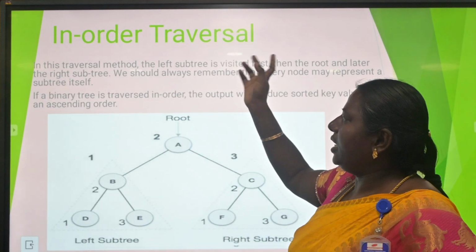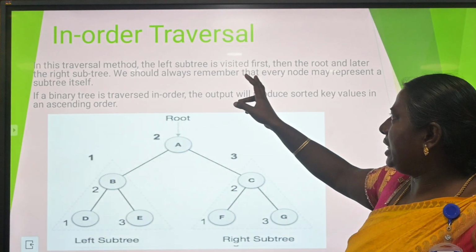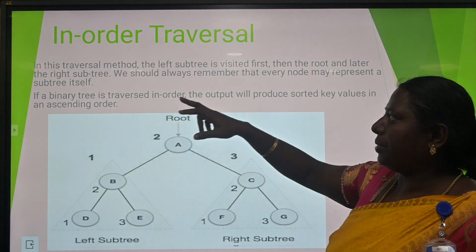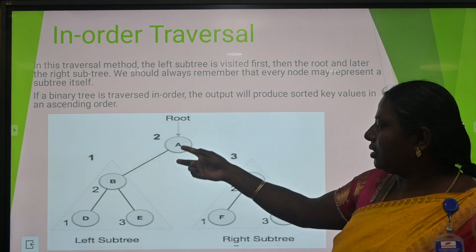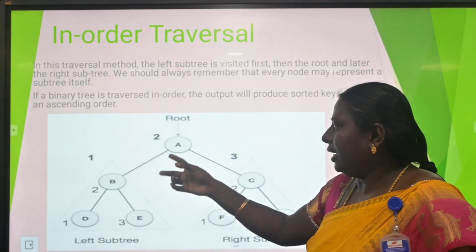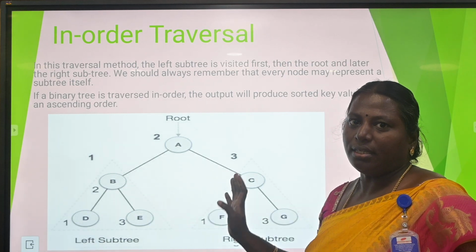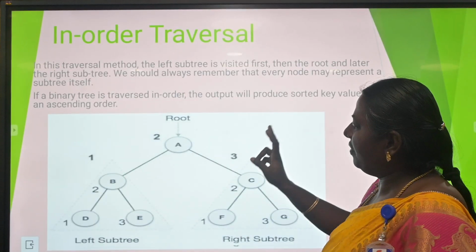Next one, in-order traversal. In the in-order traversal method, the left subtree is visited first, then the root, and last the right subtree. This is considered as a tree, with nodes A, B, and C. First visit the left subtree.